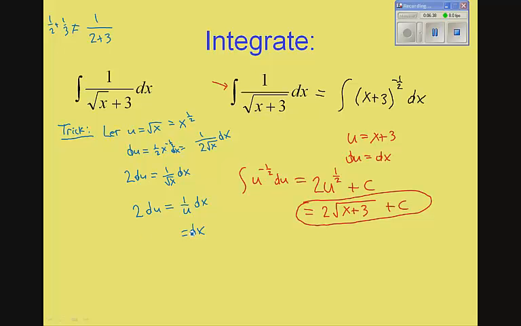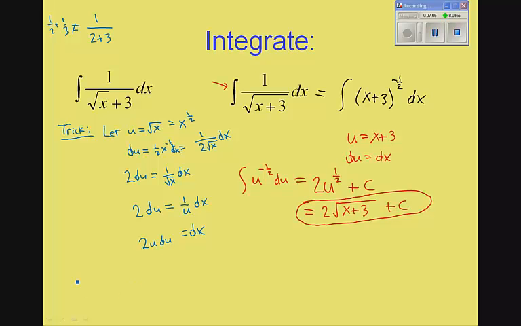Do you see it? Two u du. I can bring that u over here just like I brought the 2. I could have done it in one step: move the 2 square root of x over and solve for dx. I did it slowly.